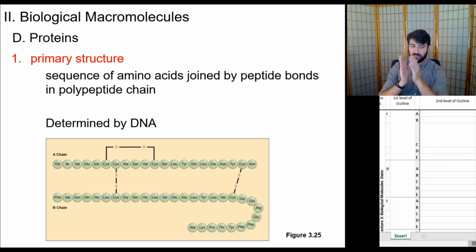It's the particular sequence of amino acids joined together by peptide bonds in a polypeptide chain. The particular order of amino acids is unique to each protein. Okay? And this order is actually determined by DNA. We'll talk about that very explicitly later on when we get to gene expression.